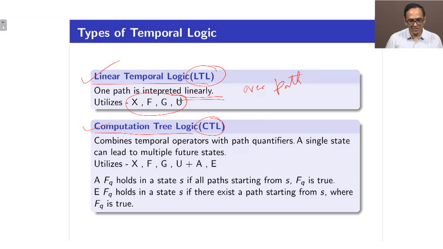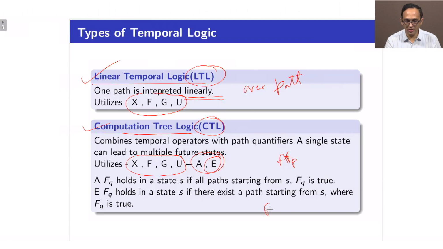Okay. So, in this case you need again the 4 temporal operators X, F, G and U, and also you need the path quantifiers A and E, because earlier there is a single path, I do not need any path quantifier. Now I need 2 path quantifiers A and E. A is for all, that means if you are writing A F P, that means for all paths starting from this state, in future P is holding, it is true for all paths.